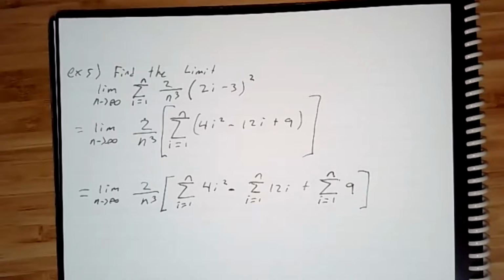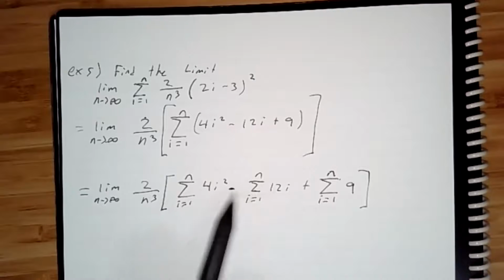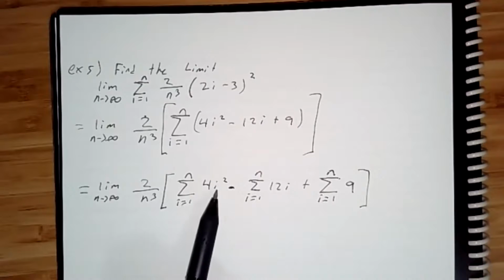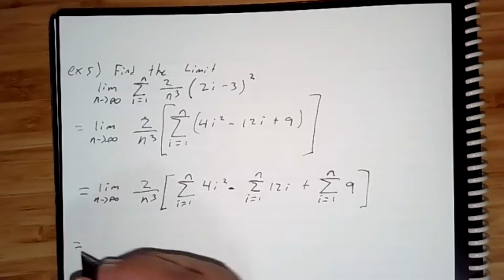Okay, so now let's start applying the formula to each piece. The constant is going to be pulled out, it doesn't matter, right? So we said that the i squared is going to become n times n plus 1 times 2n plus 1 over 6, right? So let's go ahead and start converting everything.